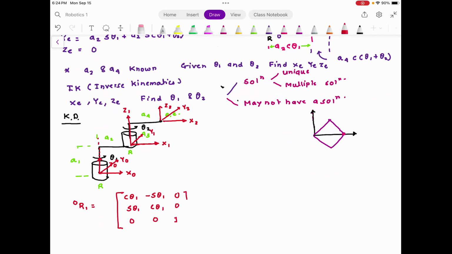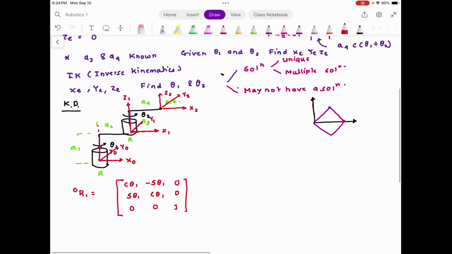Do you agree with me? A rotation matrix must be multiplied with the projection matrix. Now, in the projection matrix, what you have is the projection of x1, y1, z1 on x0, y0, z0.